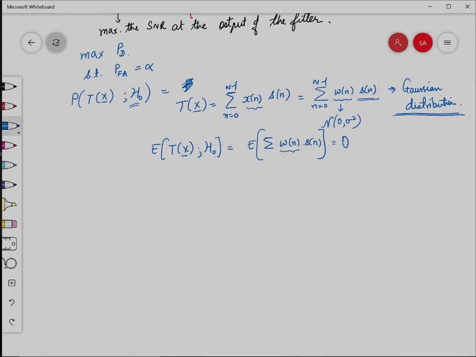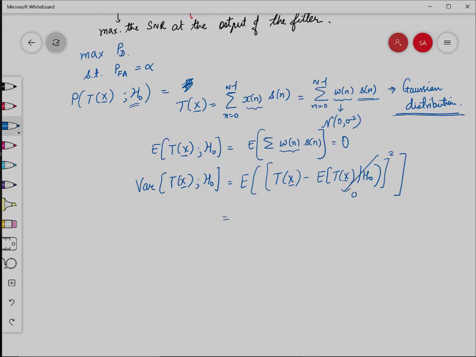All right. Let me also get the variance of T(x) under hypothesis H0. This is the expectation of T(x) minus the expectation of T(x) under H0, and I take the square of it. This is the definition of variance, and we know from earlier that the expectation is 0.